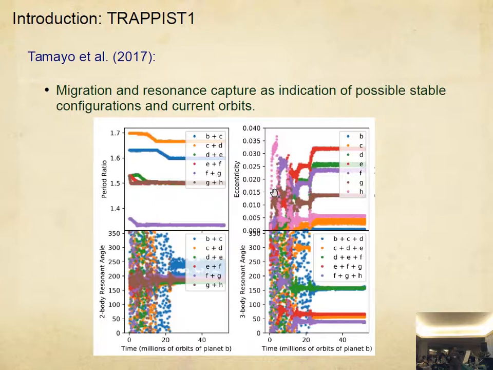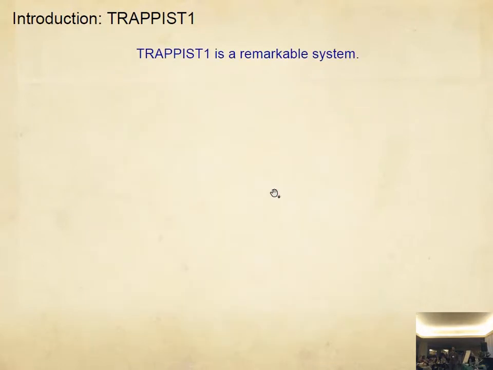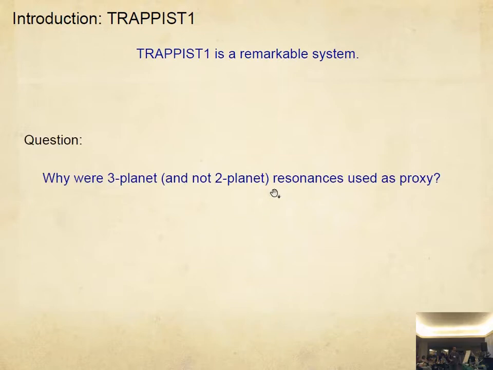Basically, you take planets far from the resonance, or at least partially far from the resonance, and then you evolve them and see whether they are captured in configurations which are compatible with the observations. In this particular case, you had a capture in all the resonances, and you have libration of all the two-body and all the three-body resonant angles. So this gives a certain confidence that what you're observing may actually be real. It is a very remarkable and very unique system.